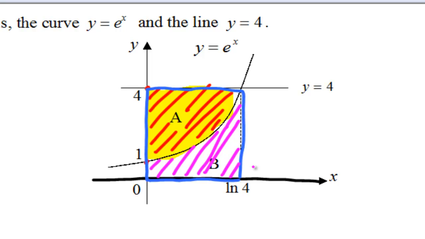So basically now I'm going to take the area of this rectangle here minus away the region shaded in pink.